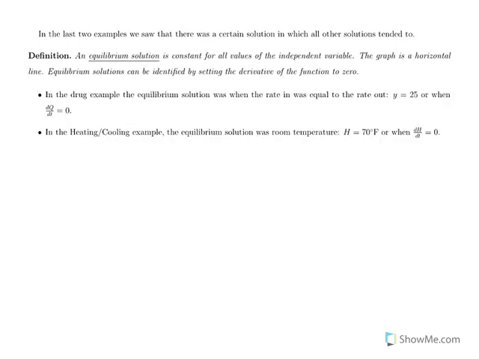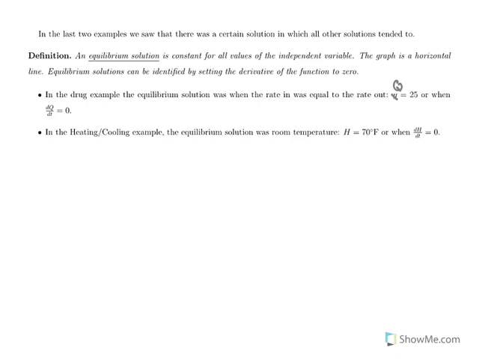So in both of the last examples, there is this certain solution that all of the solutions are kind of approaching. For the drug example, we had this Q equals 25, when the derivative was 0. In the heating cooling example, we had a room temperature H equals 70.